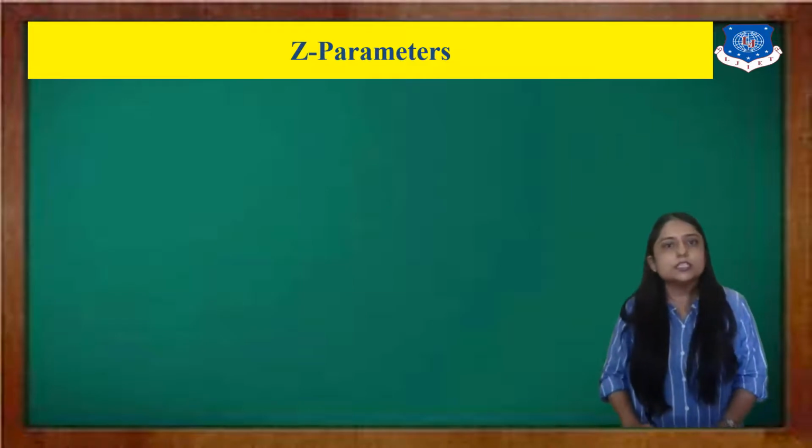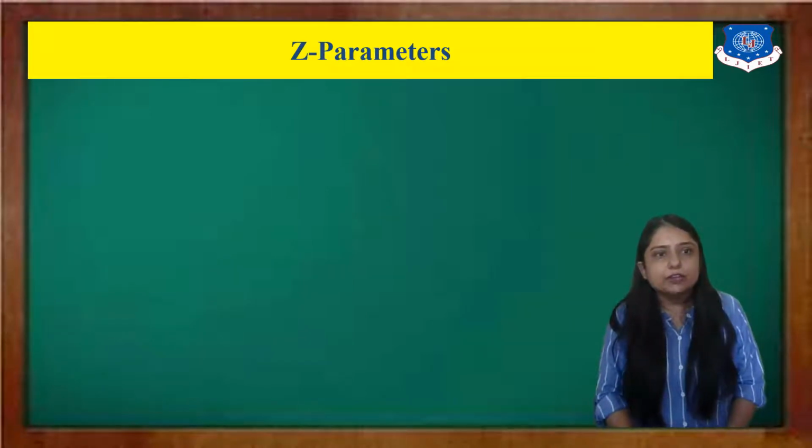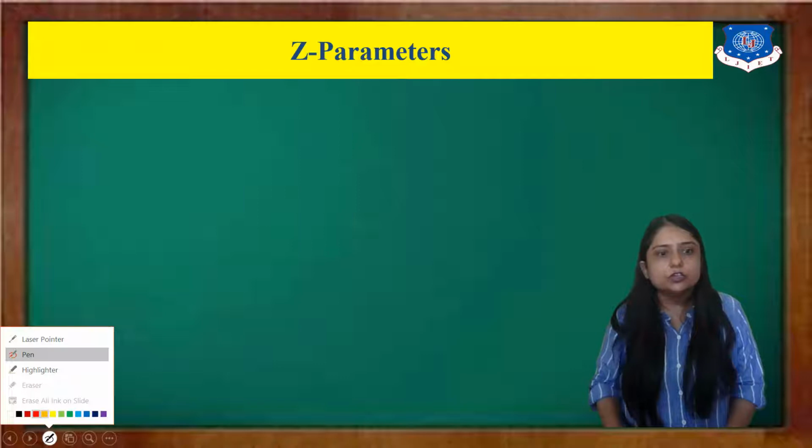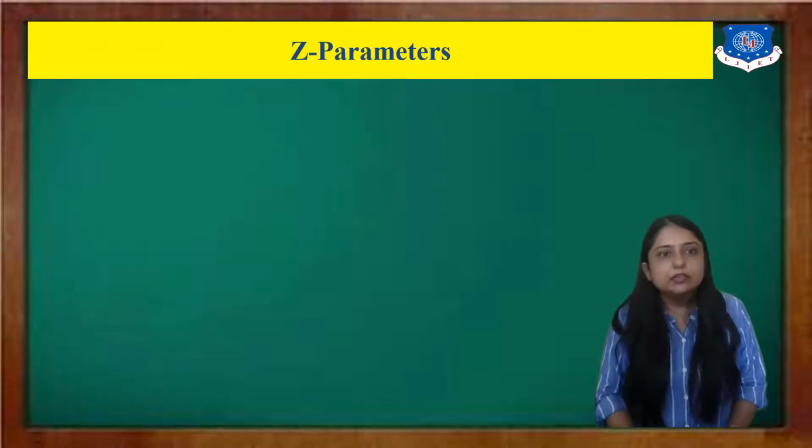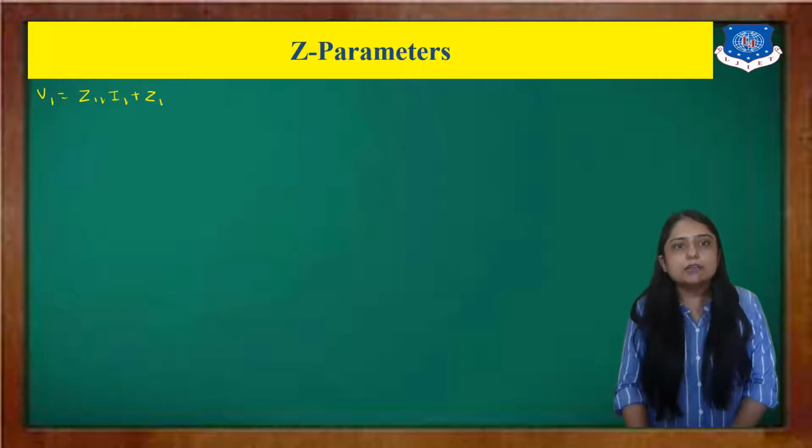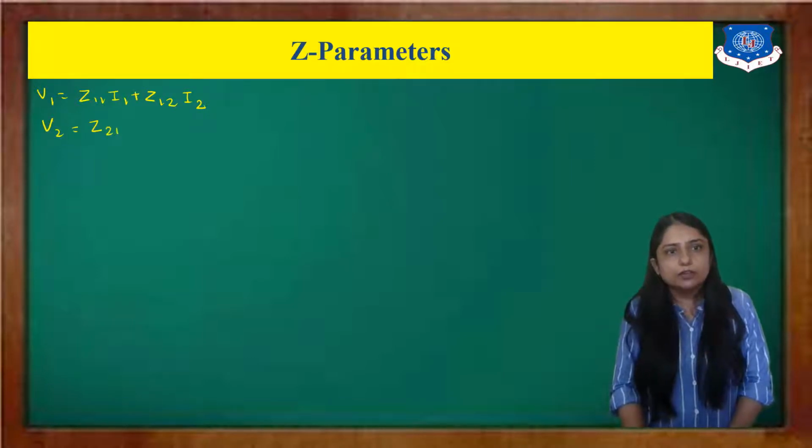Now we will discuss the Z parameter. First of all, I will write the equation related to the Z parameter. The equations are V1 equals Z11 I1 plus Z12 I2, and V2 equals Z21 I1 plus Z22 I2.